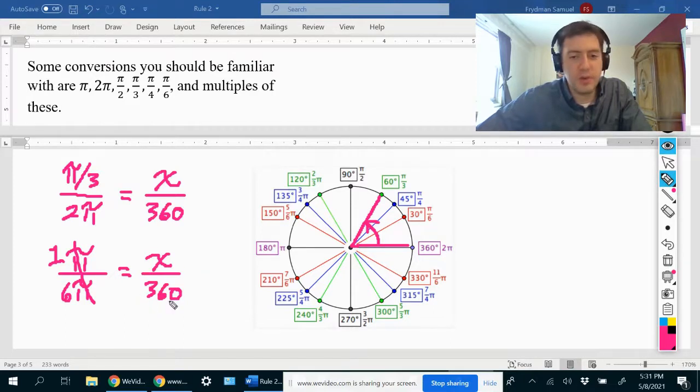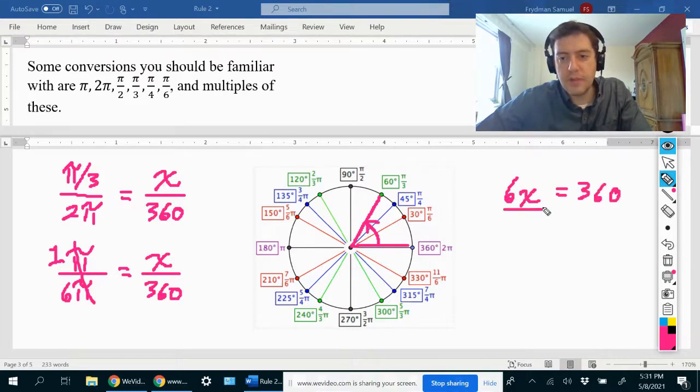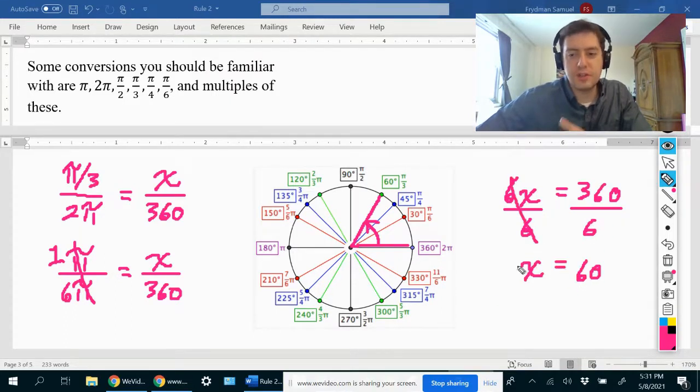And then I could cross multiply, and you would get 6x equals 360. Then divide both sides by 6. So x is equal to 60. And of course, the x is in degrees, right? So pi over 3 radians is equal to 60 degrees.